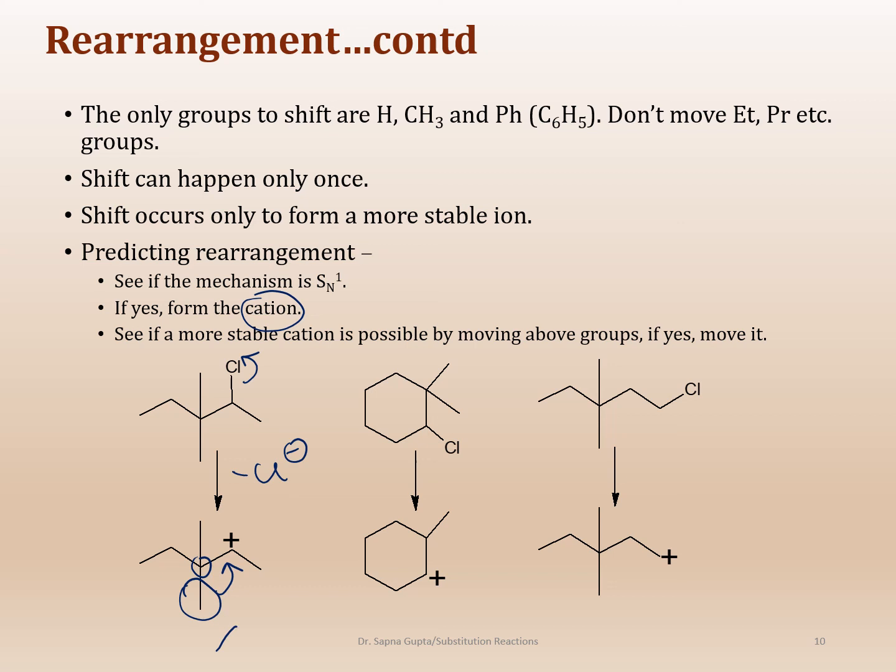So I'm just going to write it over here carefully. This methyl group is shifted to the second one here. And now this carbon right here, 1, 2, 3 carbon, still has a methyl group, and now it will get the carbocation. That's the one that is going to be formed from the first one. So yes, there will be a shift in this one.